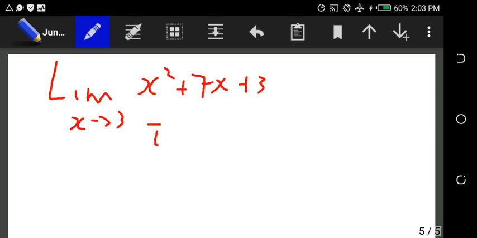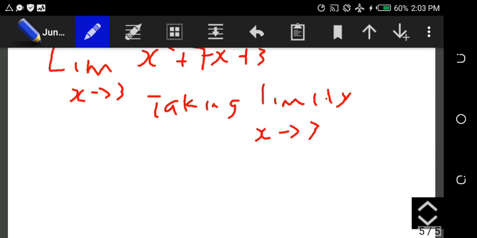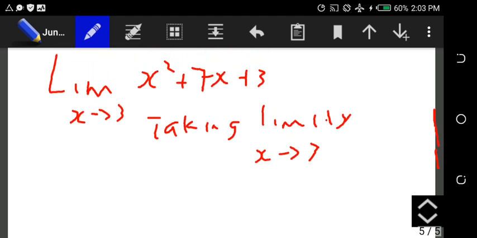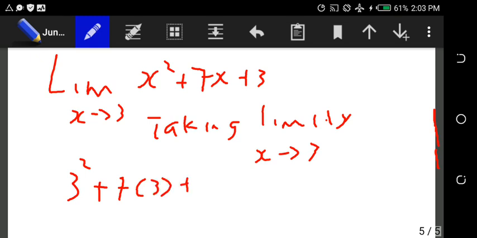So taking limits as x approaches 3, what do we have? We substitute the value of x to be 3. So instead of writing x squared, we have 3 squared plus 7 into 3, plus 3.